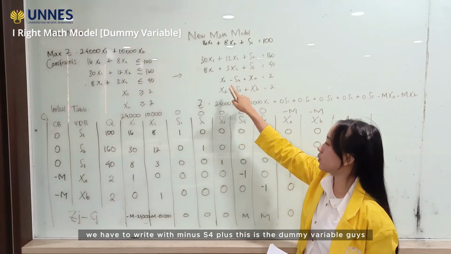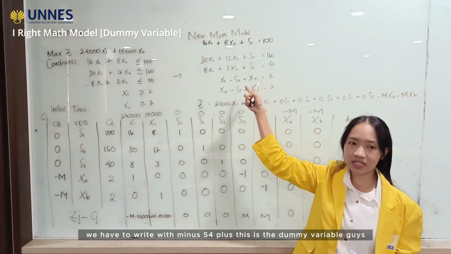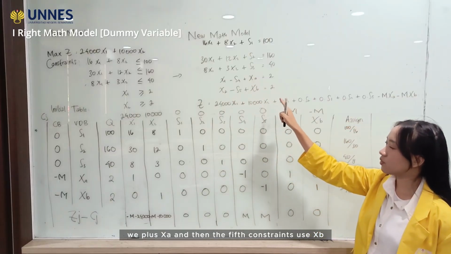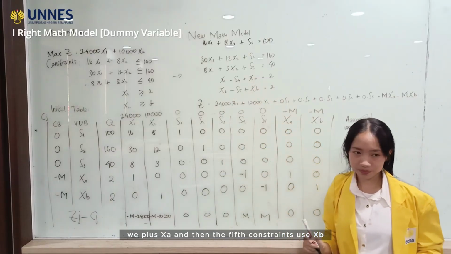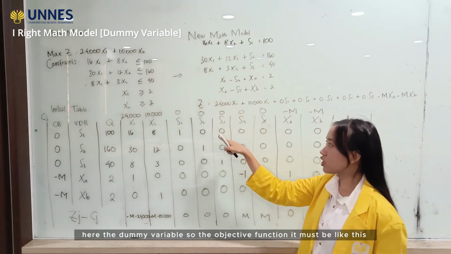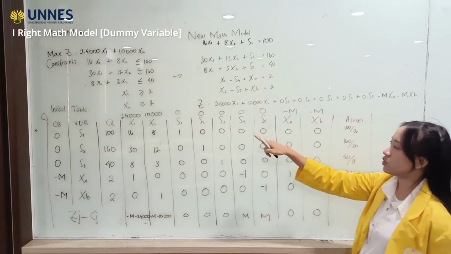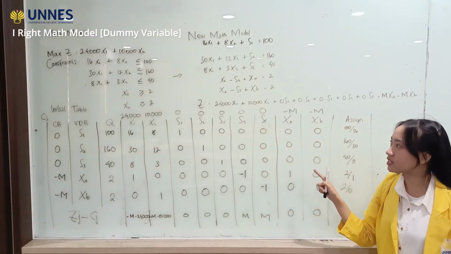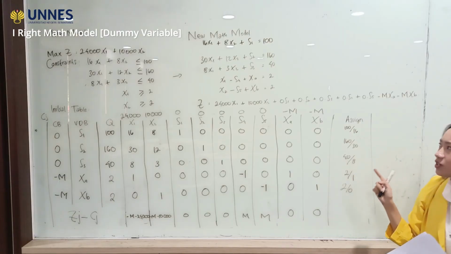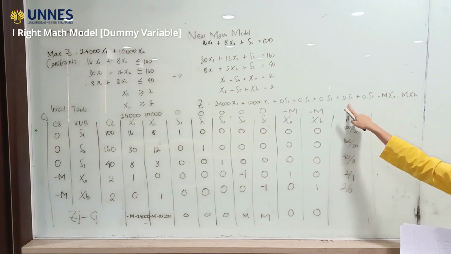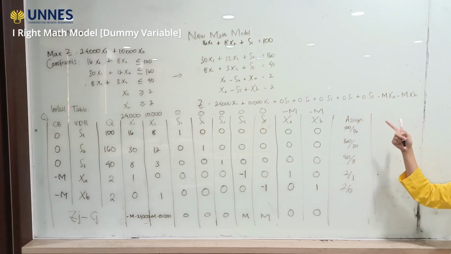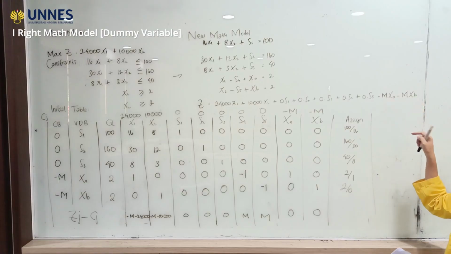We have to write minus S4 plus XA, the dummy variable, and the fifth constraint uses XB. So the objective function must be like this: 24,000 x1 plus 10,000 x2 plus 0 S1 plus 0 S2, 0 S3, also plus 0 S4 plus 0 S5 minus M XA minus M XB.